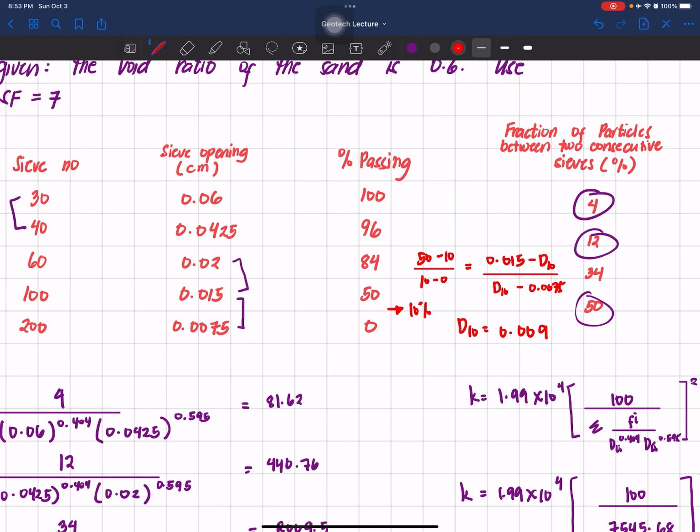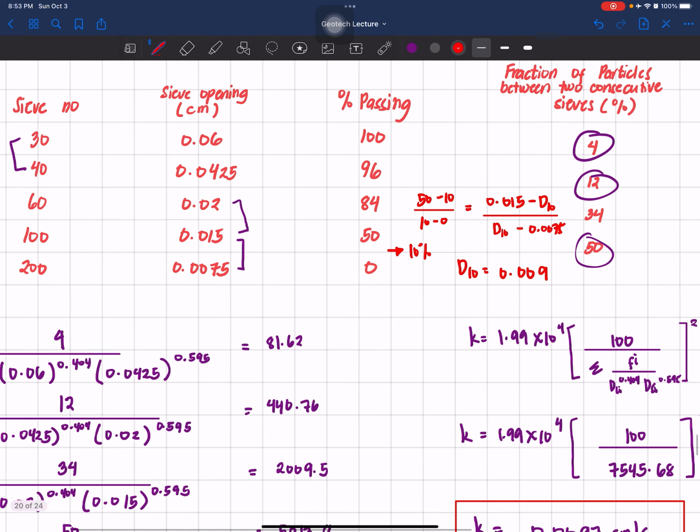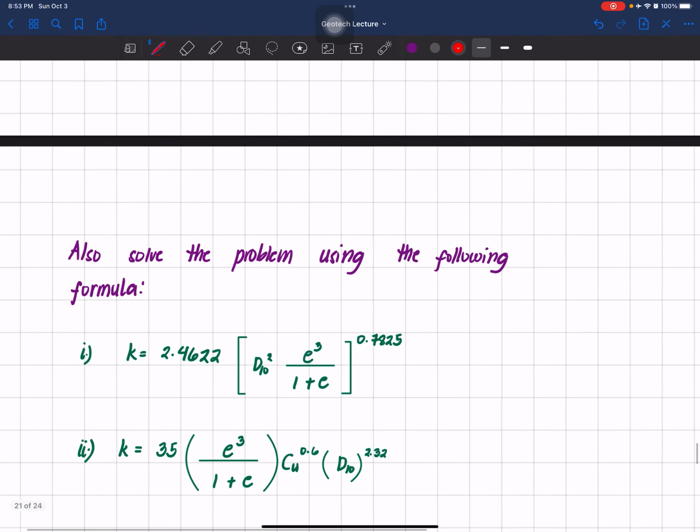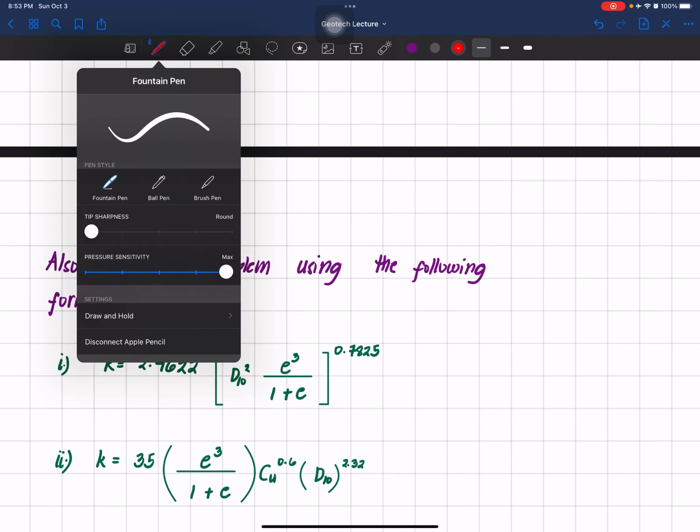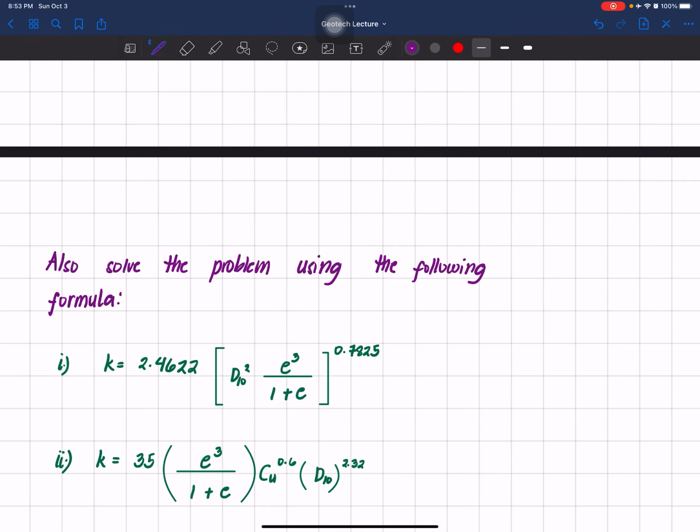Okay, so yan yung nakuha kong D10. Okay, so substitute natin siya dito sa formula na to. Okay, so this is now equal to 2.4622 multiplied by, what is our D10? 0.009 squared. Diba? Hindi square mo pa siya, di mas lumiit.